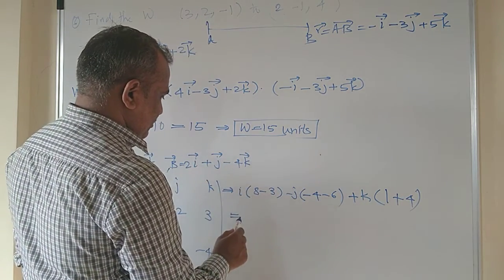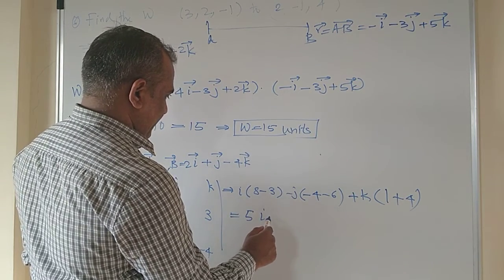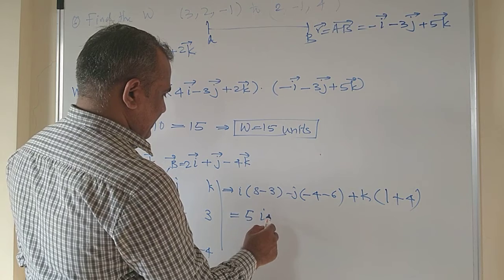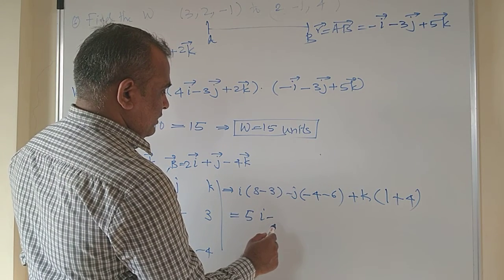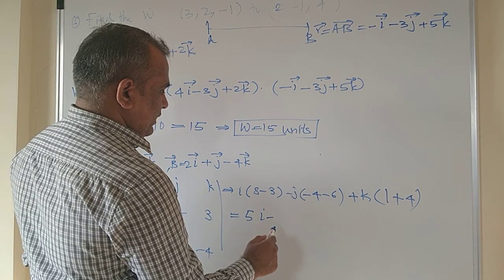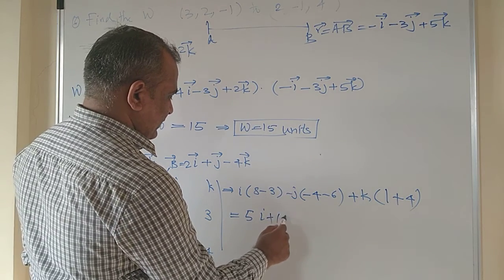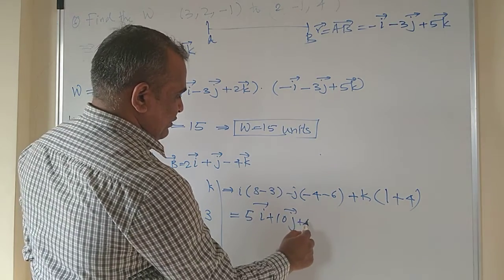So this gives you 8 minus 3 is 5i, right, minus minus 10, that is plus 10j bar plus 5k bar.